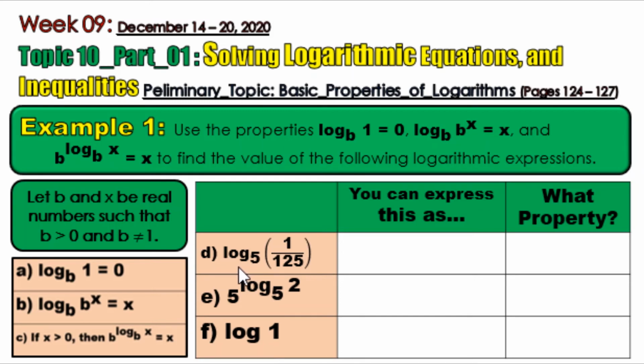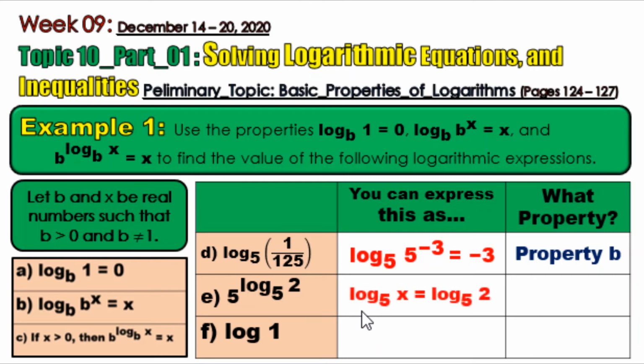Letter D, the logarithm of 1 over 125 to the base 5. You can express this as the logarithm of 5 raised to negative 3 to the base 5. Still, we will be using property B. We have 5 and 5, therefore the answer is negative 3, which is the exponent of 5. For letter E, 5 raised to the logarithm of 2 to the base 5.